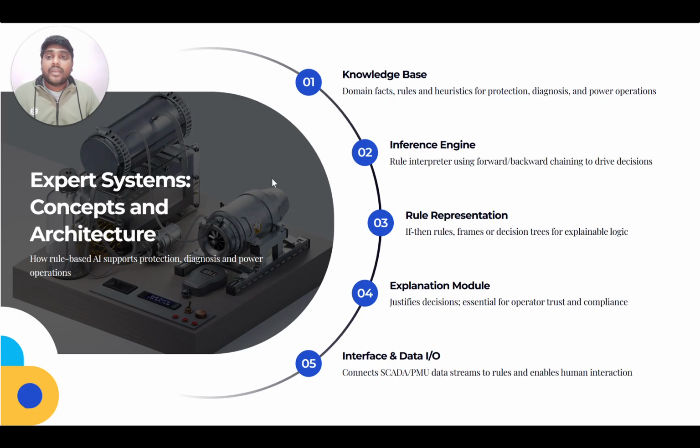Representations, often through if-then rules, ensure transparency and interpretability. The explanation module is crucial as operators must trust the system's decisions, and finally interface modules connect real-time SCADA or PMU data to the expert logic. The systems remain valuable in protection, diagnostics and operational support.